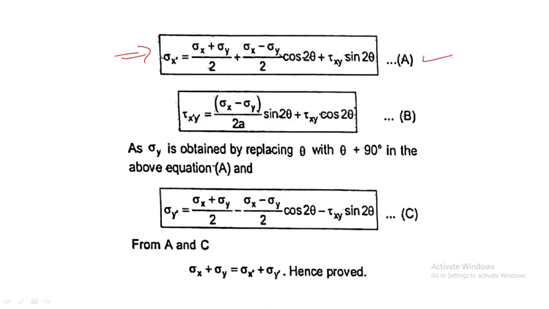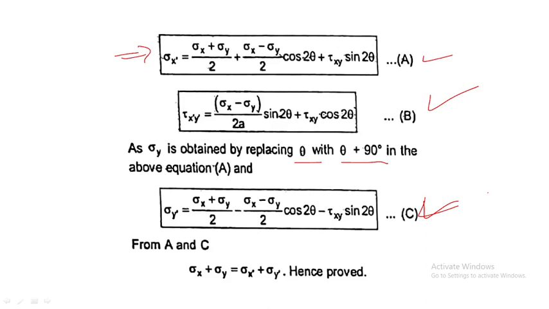This is the first one. And the second one, tau x dash y dash is sigma x minus sigma y divided by 2 sin 2 theta plus tau xy cos 2 theta. This one is also important. Sigma y dash is obtained by replacing theta with theta plus 90 degrees, so the equation becomes sigma x plus sigma y by 2 minus sigma x minus sigma y by 2 cos 2 theta minus tau xy sin 2 theta.